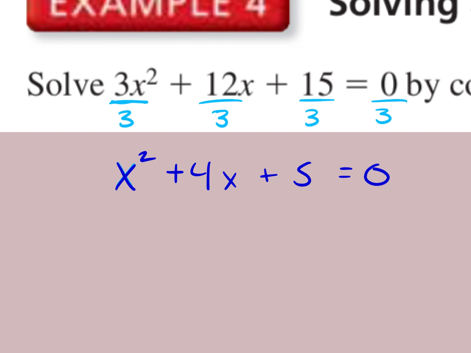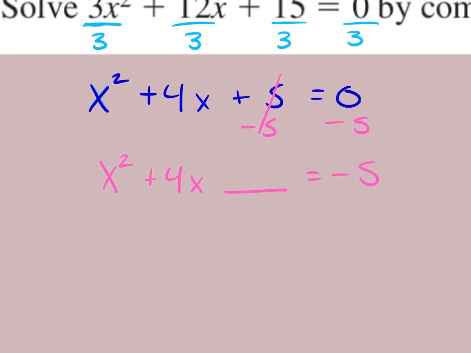What should we do next? Move the 5, so we're going to subtract 5. So x² + 4x, I'm going to leave a space, is equal to negative 5. What's the little formula that I use to complete the square? (b/2)². And what's the b? 4. So (4/2)². What's 4 over 2?